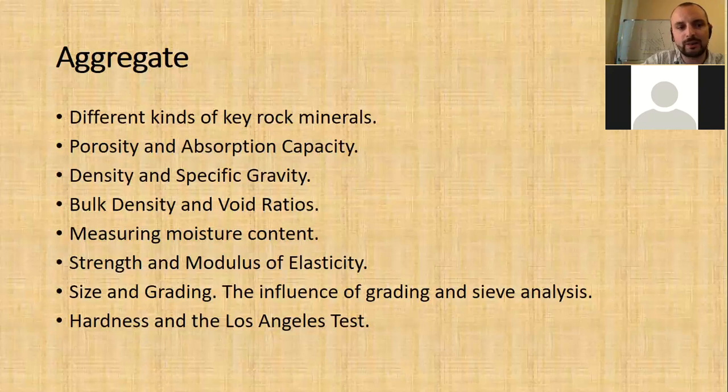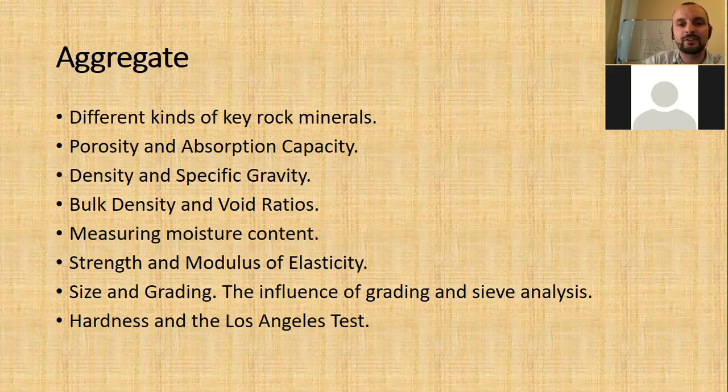You need to know about all of these. How do we measure moisture content? Remember, that depends whether we're trying to find the surface water content, if we're trying to find the absorption capacity, the porosity, or the moisture content of any rock that's found in the wild.